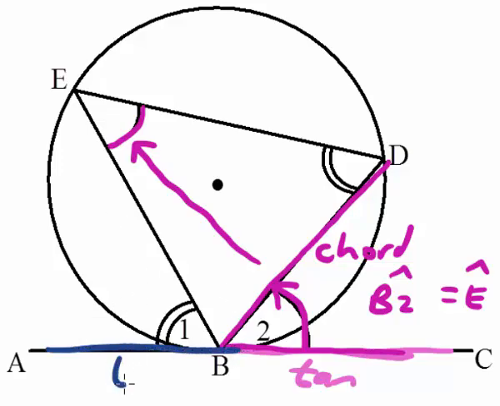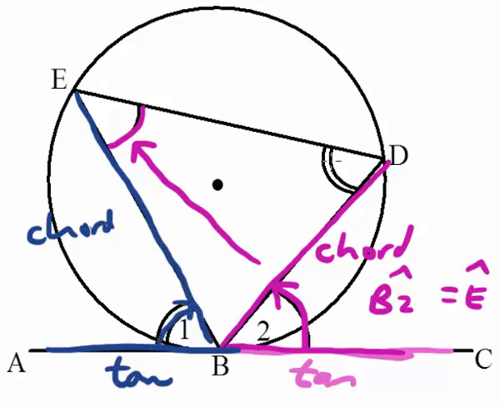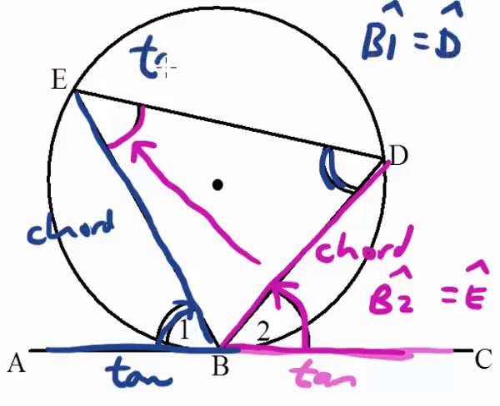Angle between the tangent and the chord. There we go. The chord is EB. The angle between the tangent and the chord is equal to the angle in the alternate segment, so B1 is equal to D. This is called the tan chord theorem.